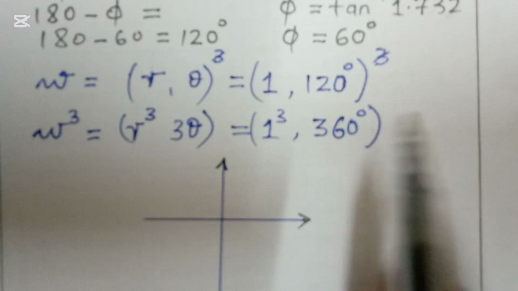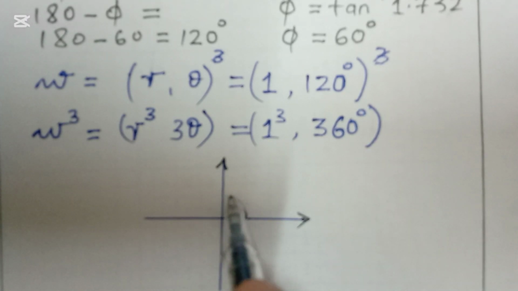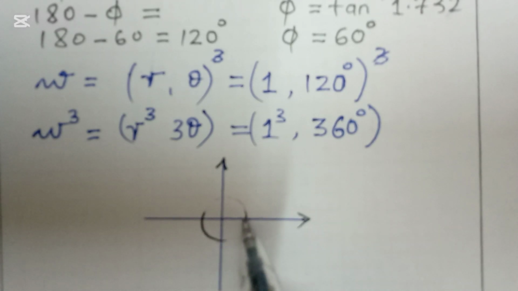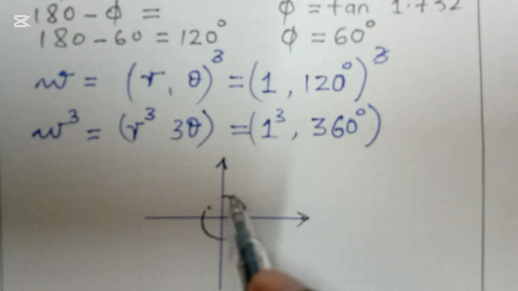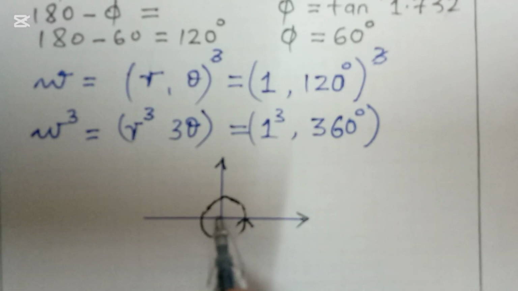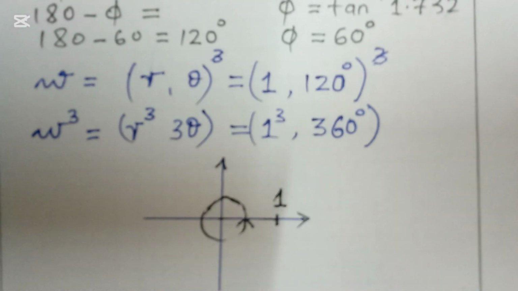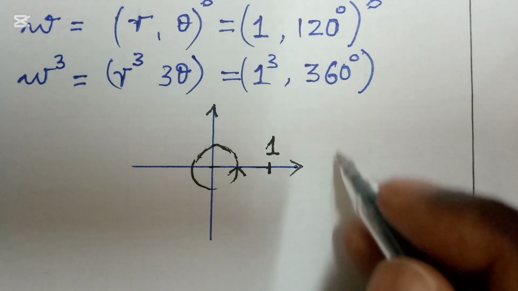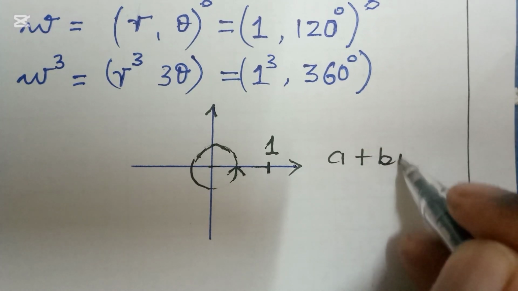First, we consider the 360 from this point. For 360 from this point, we are going to go out like that. So our line will be along this line, and the length of that line is 1. So guys, we can express that in terms of a plus bj.